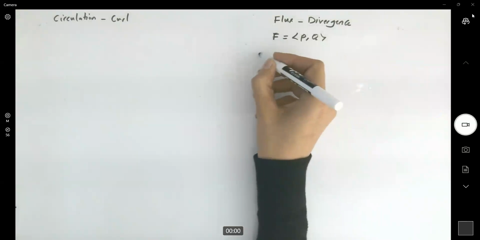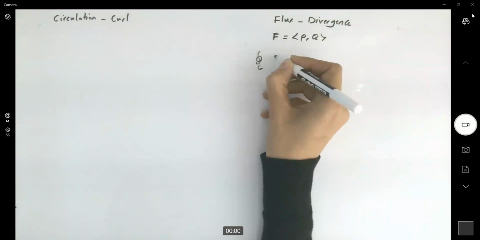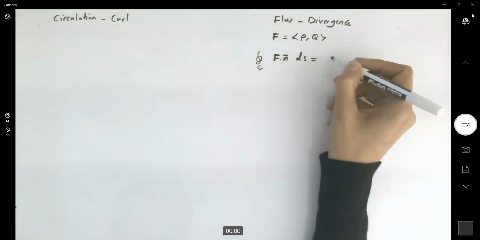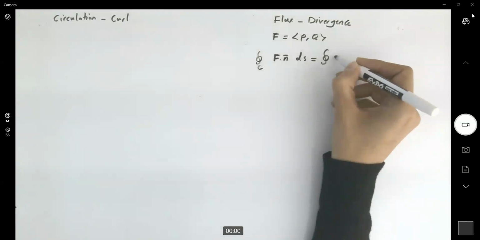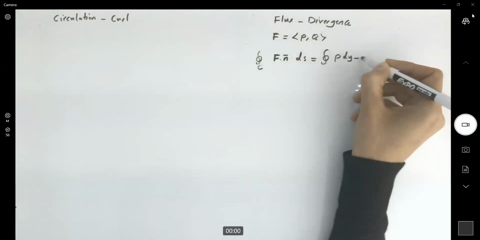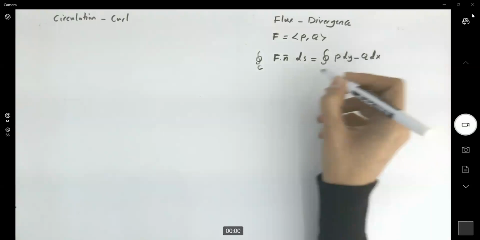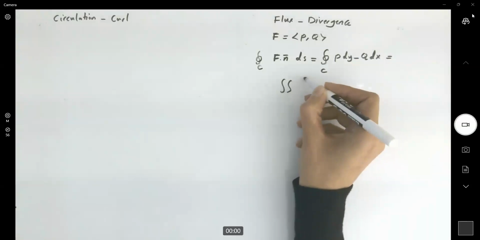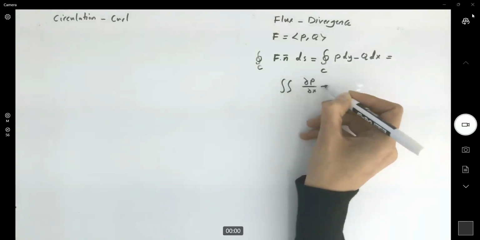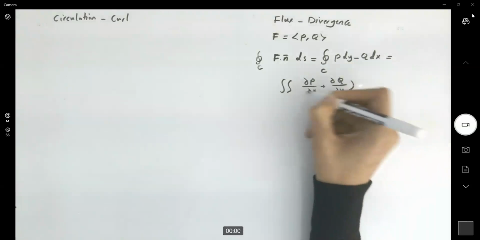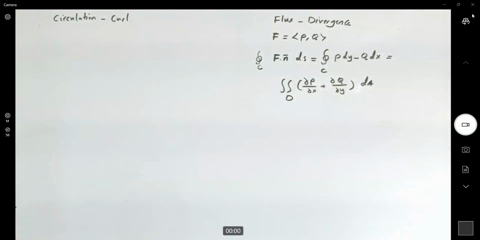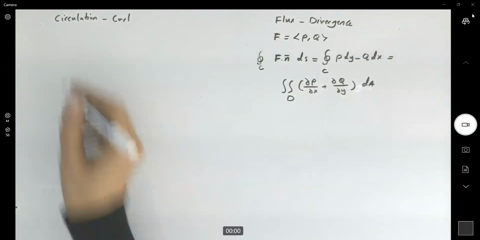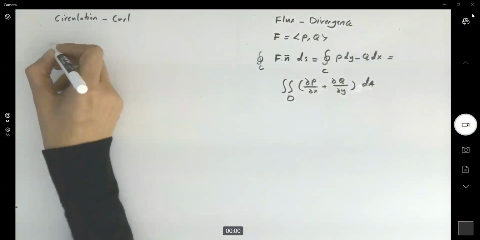In that case, the line integral over C of F dot n ds is equal to the line integral of P dy minus Q dx, which can be written as the double integral of the partial derivative of P with respect to x plus the partial derivative of Q with respect to y dA over region D. So this is your flux divergence.